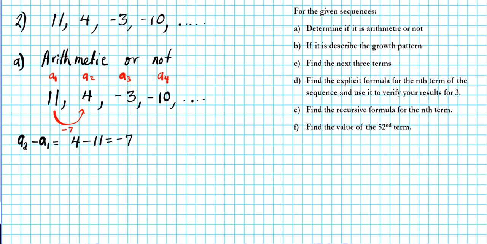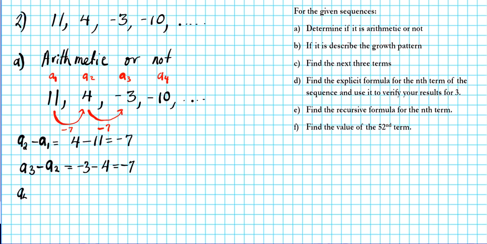How do you go from a2 to a3? Let's find the difference. a3, -3 minus a2, 4. What's the difference? -7. The same as the previous one. So to advance from a2 to a3, you subtract 7.